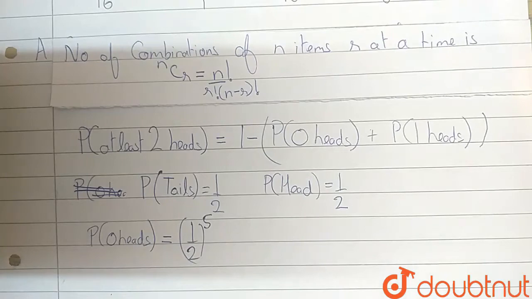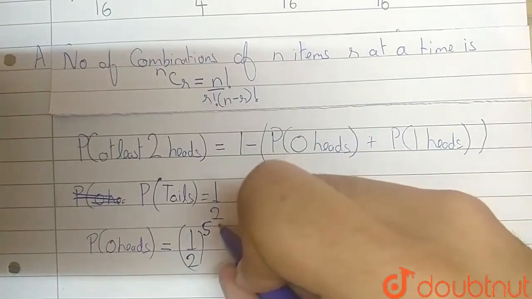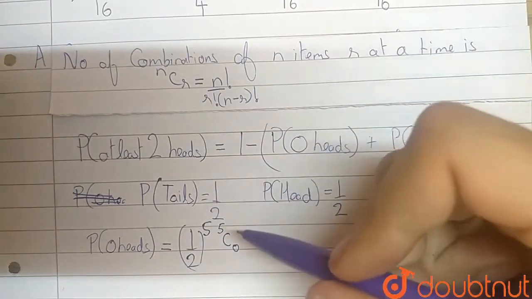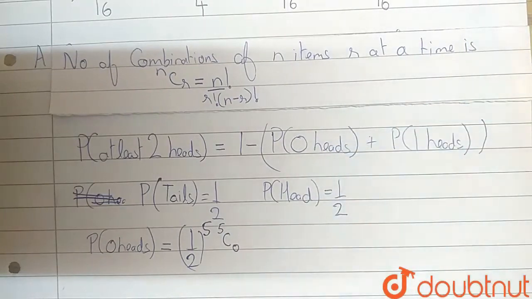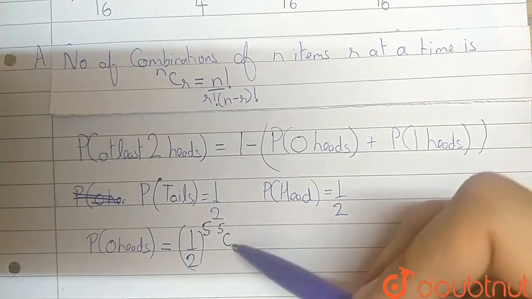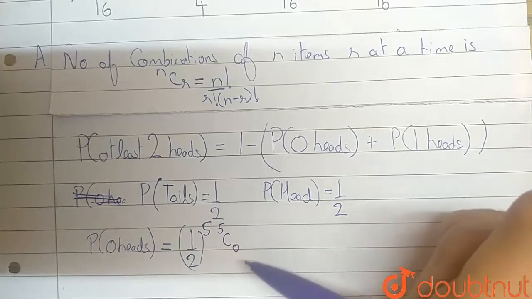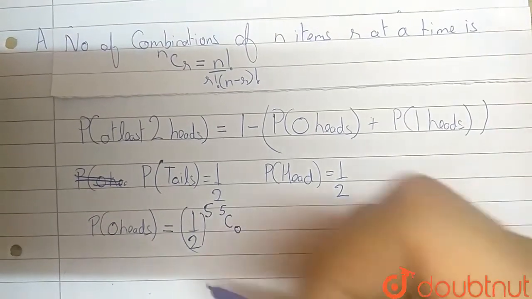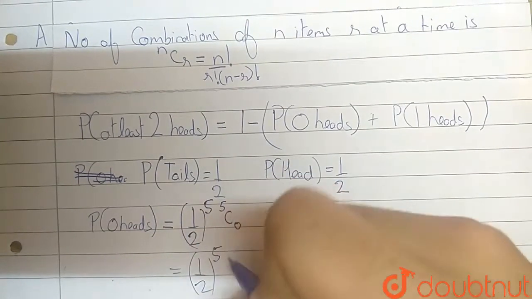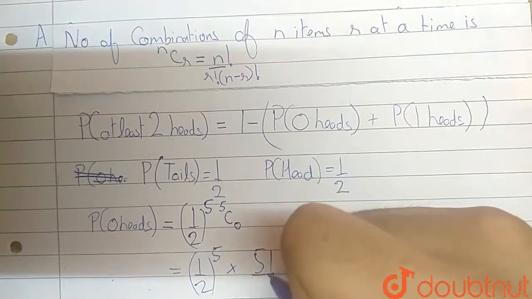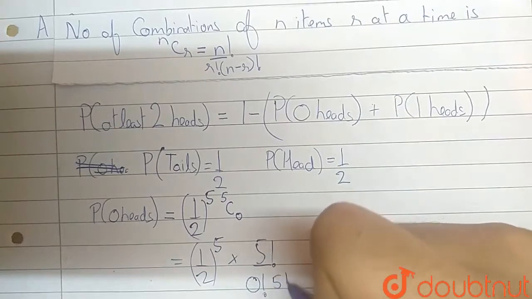Since in all these 5 tosses we are getting 0 heads, we will also use this formula of combination, which is 5C0, because this will give us the number of ways we can combine 5 items taken 0 at a time. Hence this will become 1 by 2 to the power of 5 into 5 factorial by 0 factorial and 5 factorial.